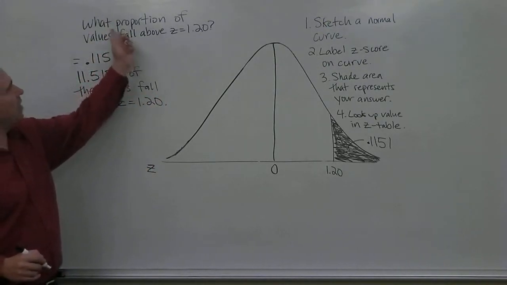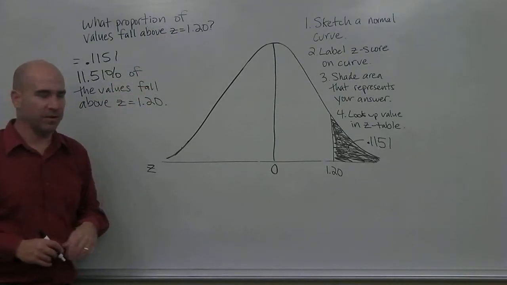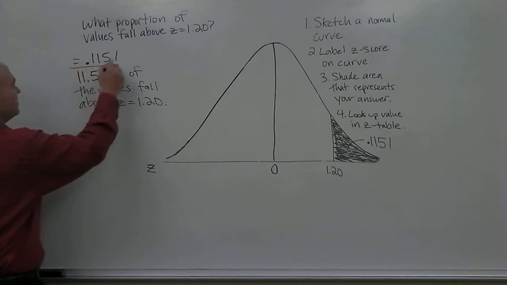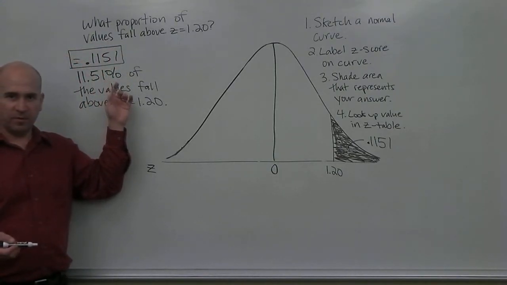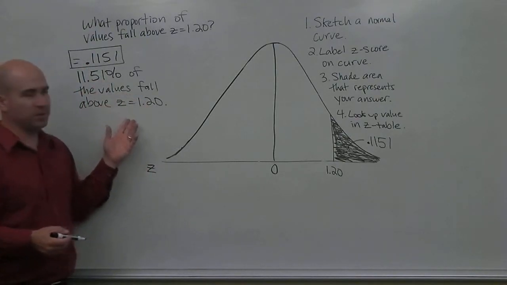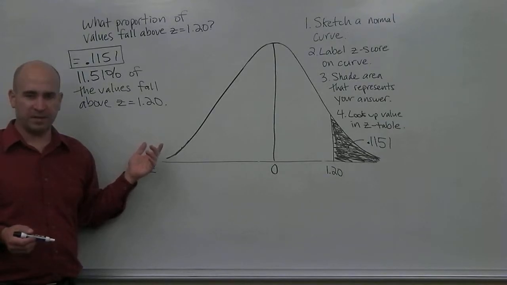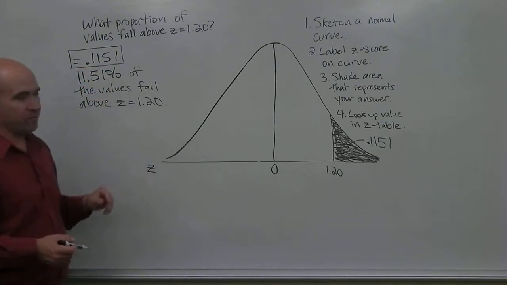Now I asked in the problem what proportion of scores fall above a z of 1.20. So the best answer to give is in proportion form, or decimal form, 0.1151. But I just converted it to percentage form to give you practice at that as well. So the answer is 0.1151.